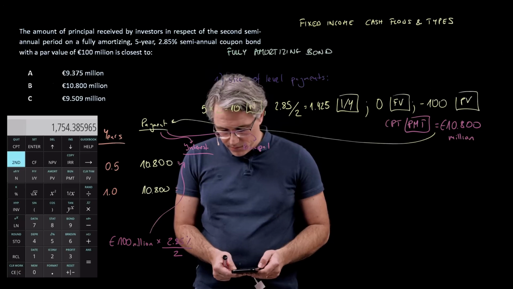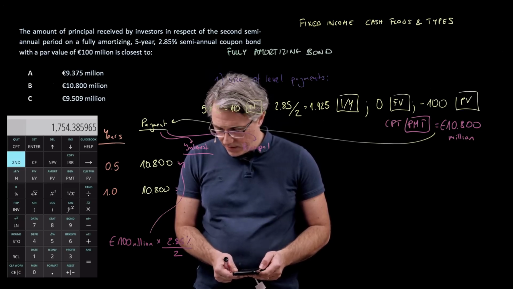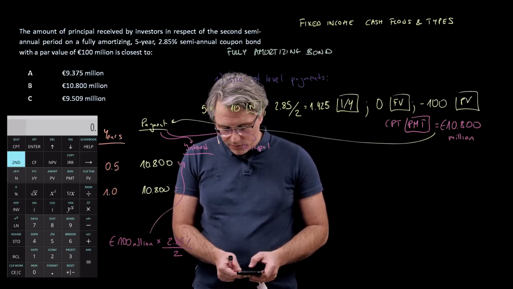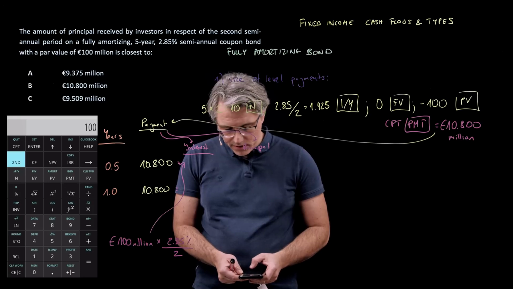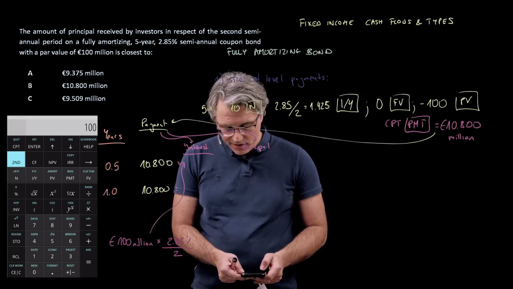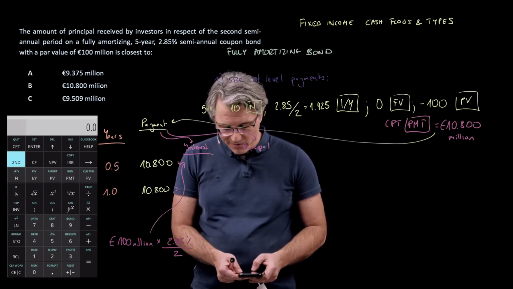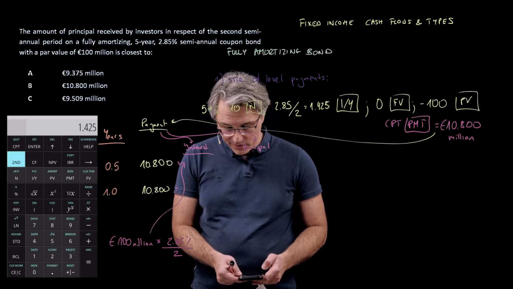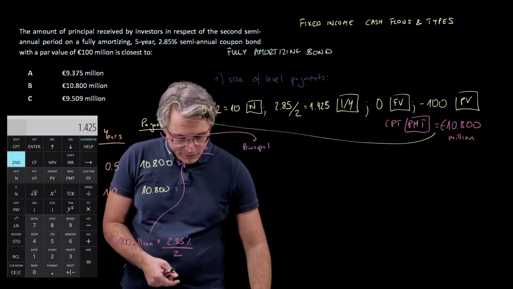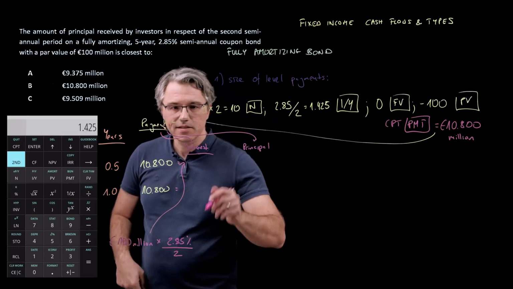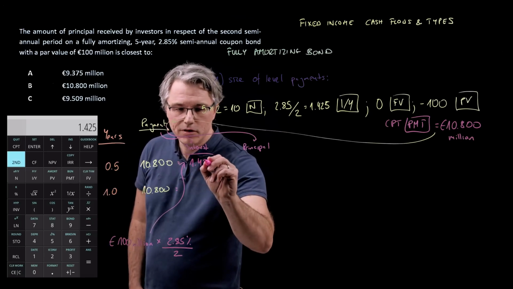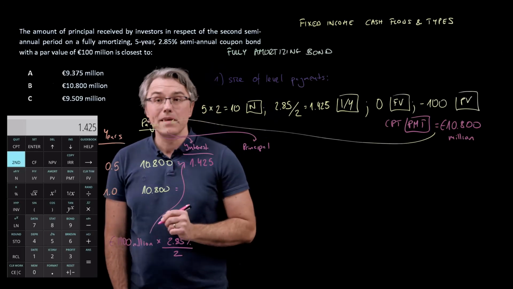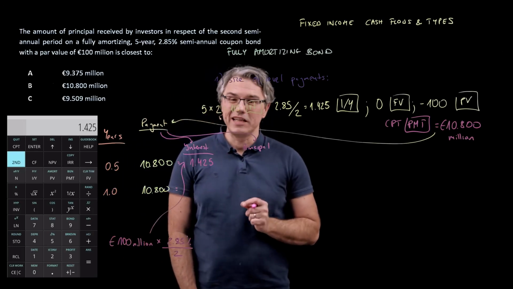That's going to give me 1.425. This is in million, 1.425 million euros of interest.